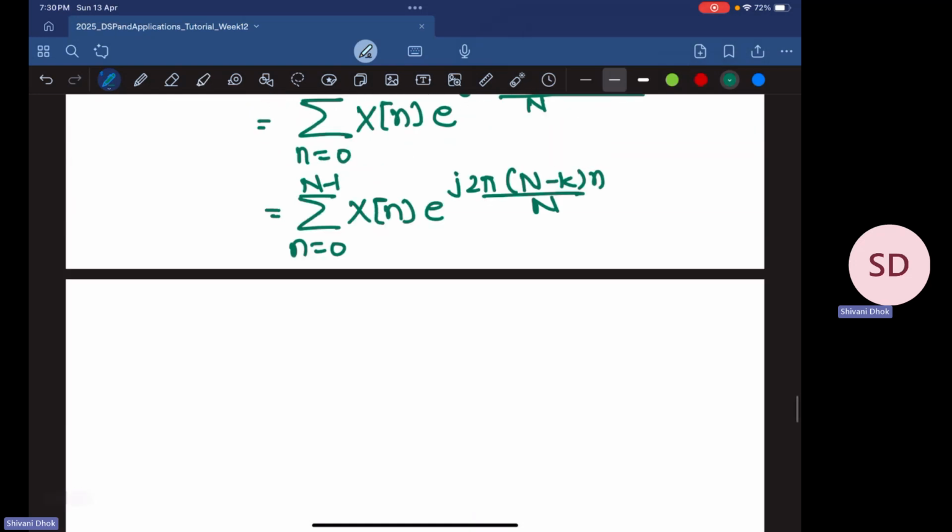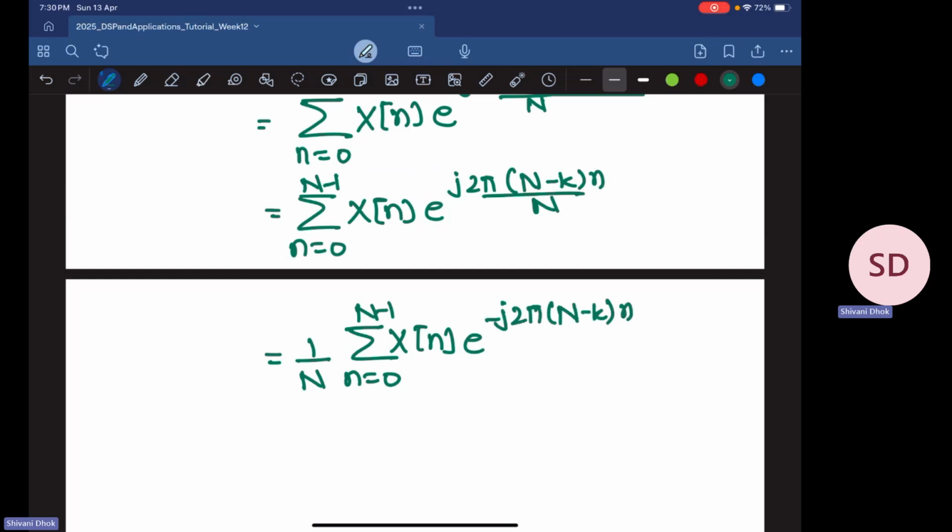So this comes out to be equal to, I can multiply and divide by n here, summation n equal to 1 to n minus 1 x of n into e power minus j 2 pi n minus k by n, by n. Now this trick we did because we know that this x of n is valid only from 0 to n minus 1. Due to inherent periodicity it gets repeated, but still we'll try and stay in the range of 0 to n minus 1.